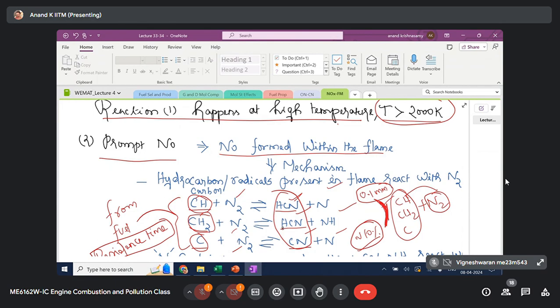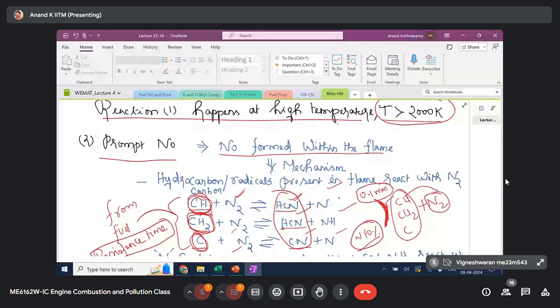So within the flame, you will have a considerable proportion of CH and CH2. These are radicals, C, carbon. These radicals combine with nitrogen in the flame, forming intermediate radicals such as N or CN.